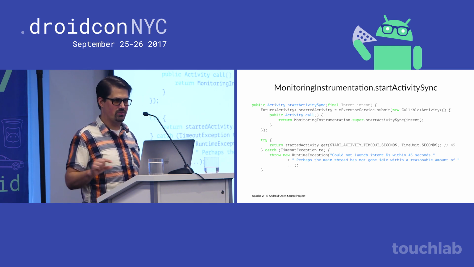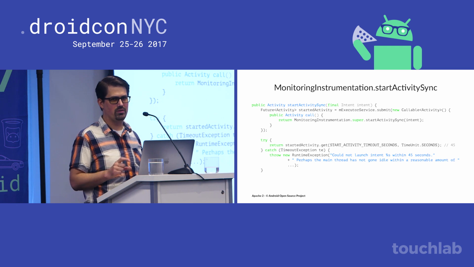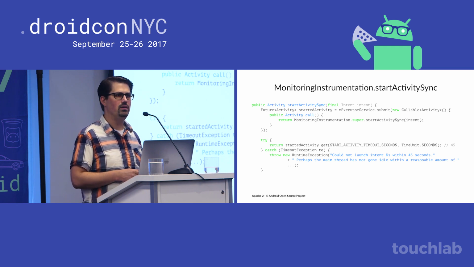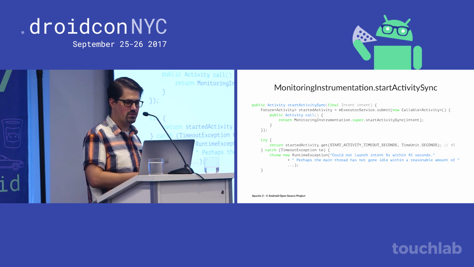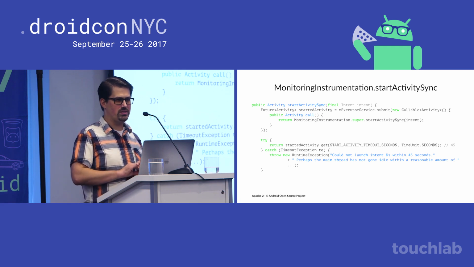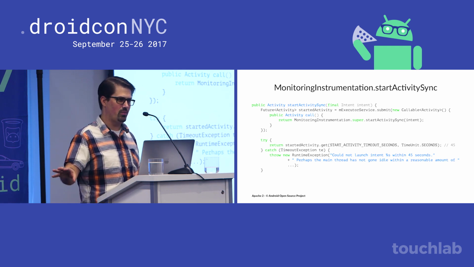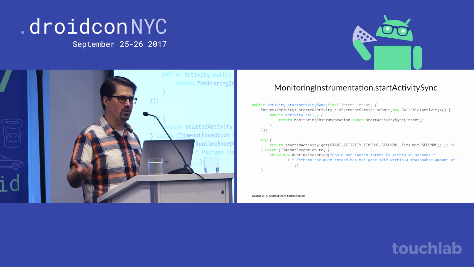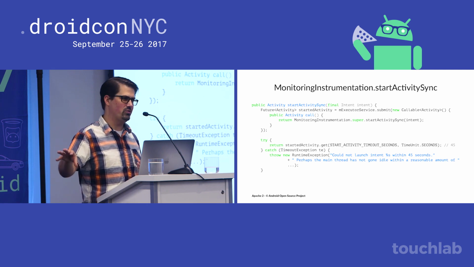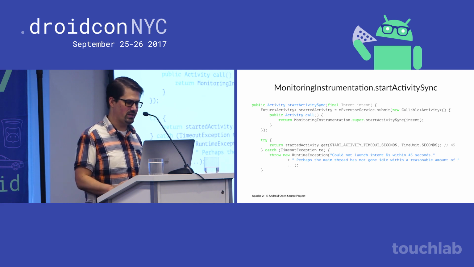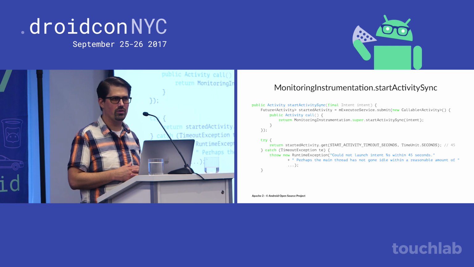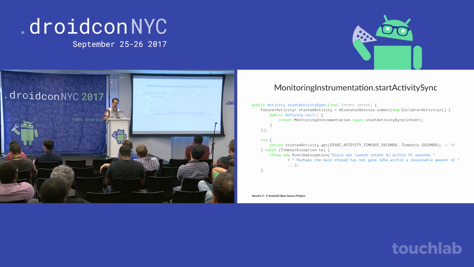So what monitoring instrumentation does, which is the version of instrumentation that comes with the test runner that is part of the Android test support library, is it pushes the framework version of start activity sync into a background thread, gets a future from that executor, and calls get with a timeout, so that if the framework version never returns, it can time out itself and throw an exception saying it couldn't launch this intent. I think it waits 45 seconds by default, and then it fails your test, and you don't just wait forever, which would be bad.